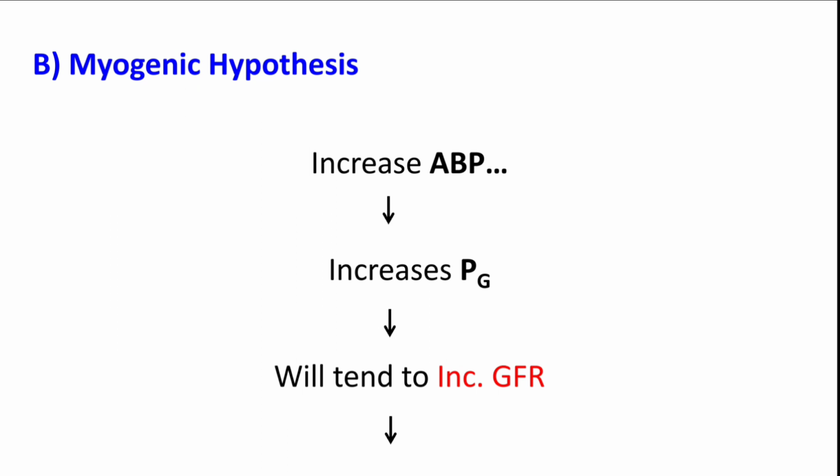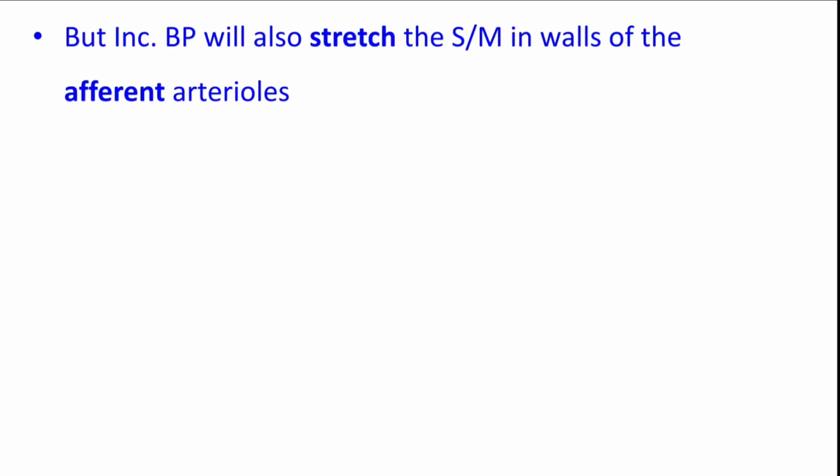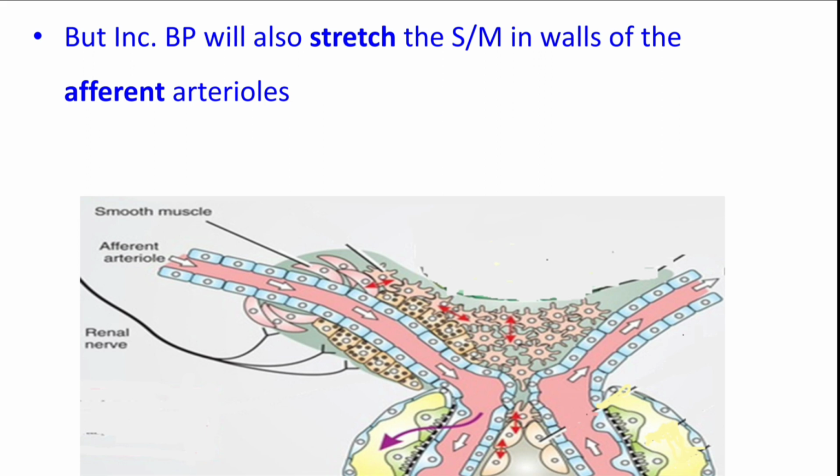But now please note that increased blood pressure will stretch the smooth muscle in the walls of the afferent arteriole, as you can see in this figure. So this is the afferent arteriole, this is the glomerulus, and this is the efferent arteriole, and this is the smooth muscle in the wall of the afferent arteriole.